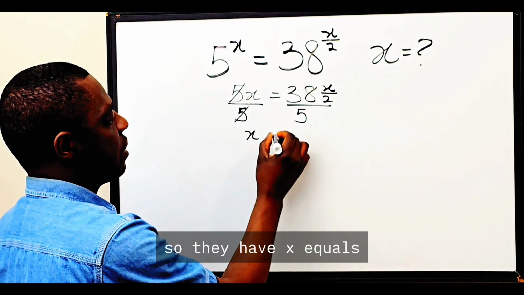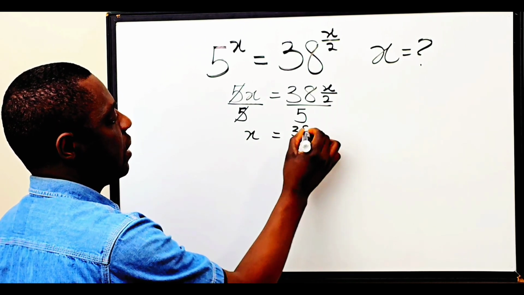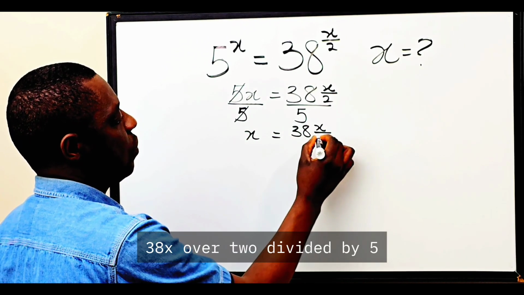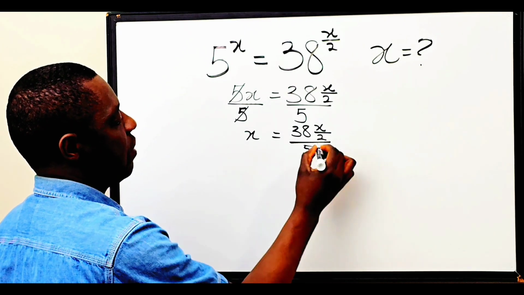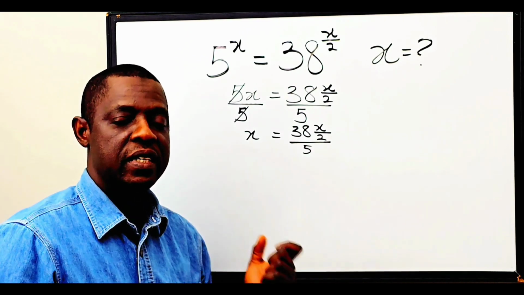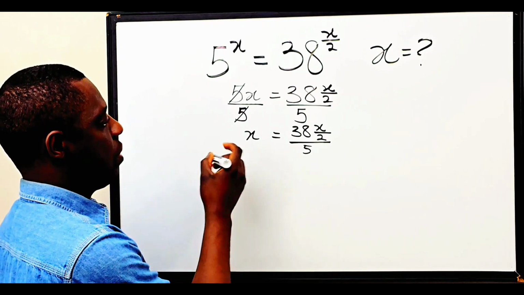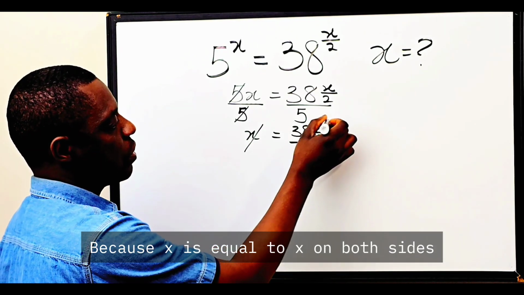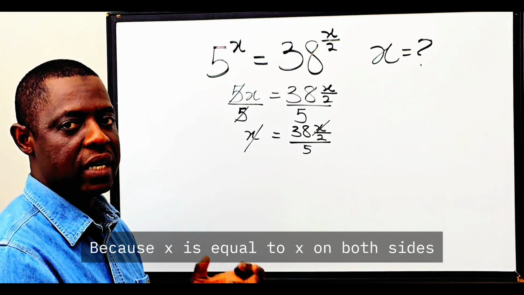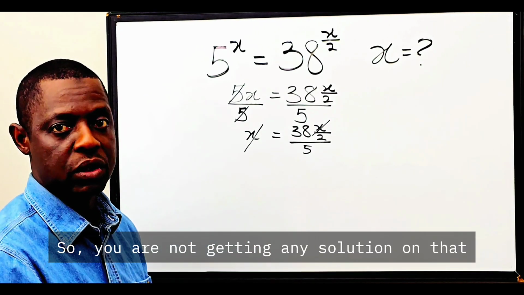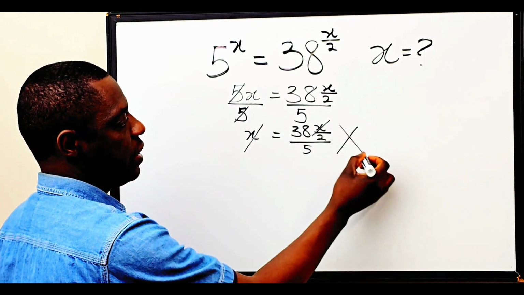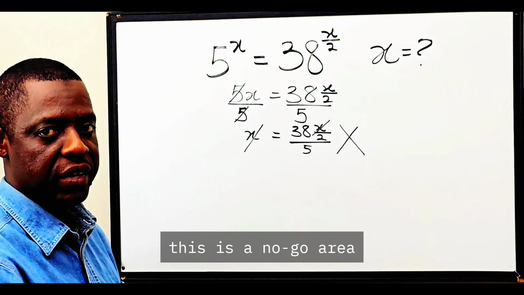So they have x equals 38^x over 2 divided by 5. In this way, there is not going to be any solution on this. Why? Because x is equal to x on both sides. So you are not getting any solution on that. In that way, this is a no-go area.